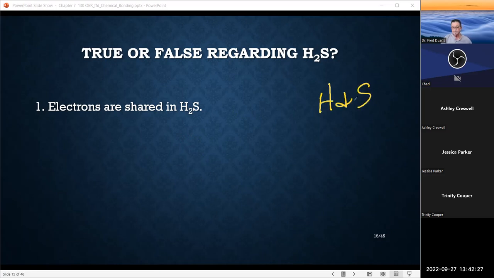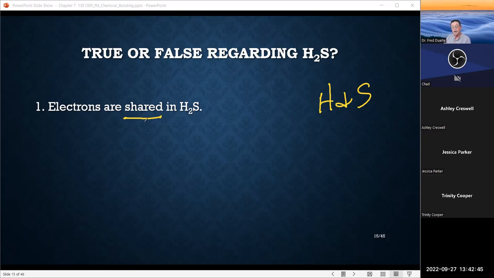So the question is, electrons are shared. To be shared implies covalent. Remember that. Shared electrons means it's a covalent bond.